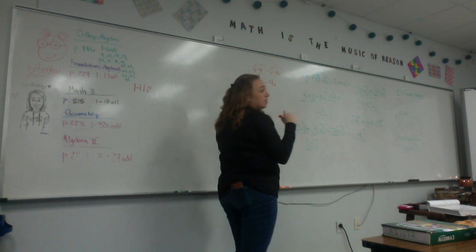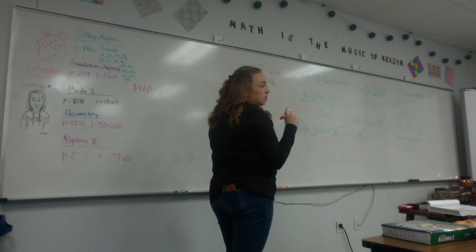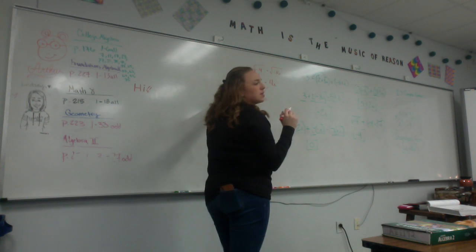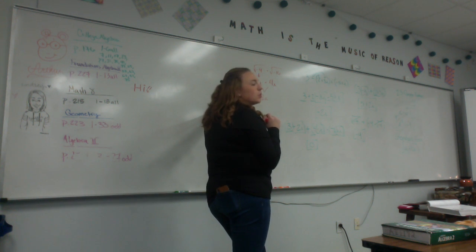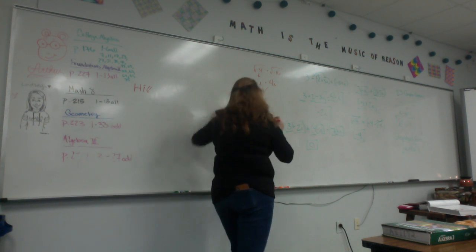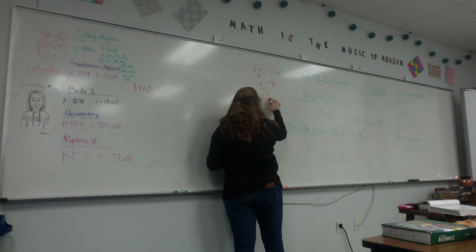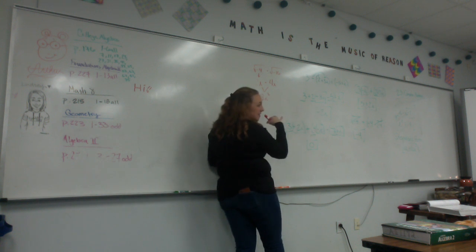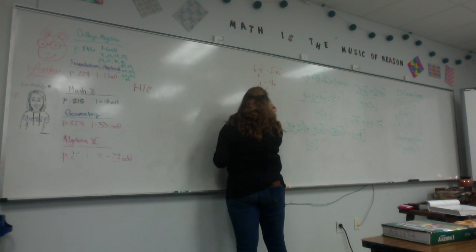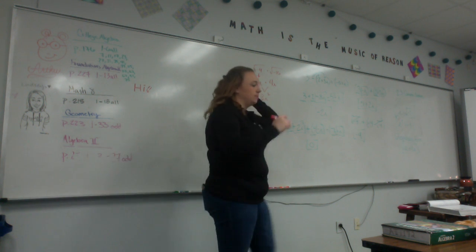What's I times I? No. What's x times x? X squared. What's I times I? I squared. So I get 8I squared. What do I replace it with, Lindsay? Negative 1. So I get 8 times negative 1, which gives me negative 8 for my solution.